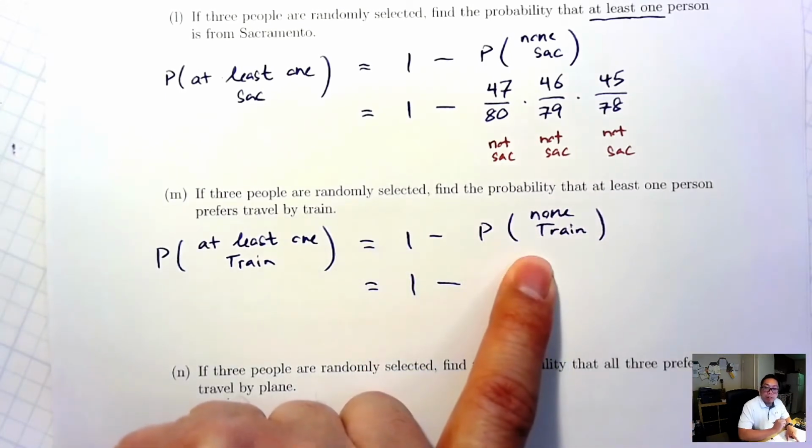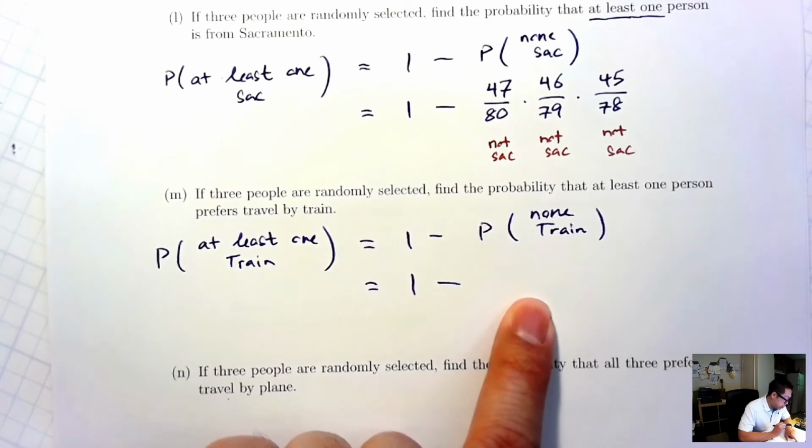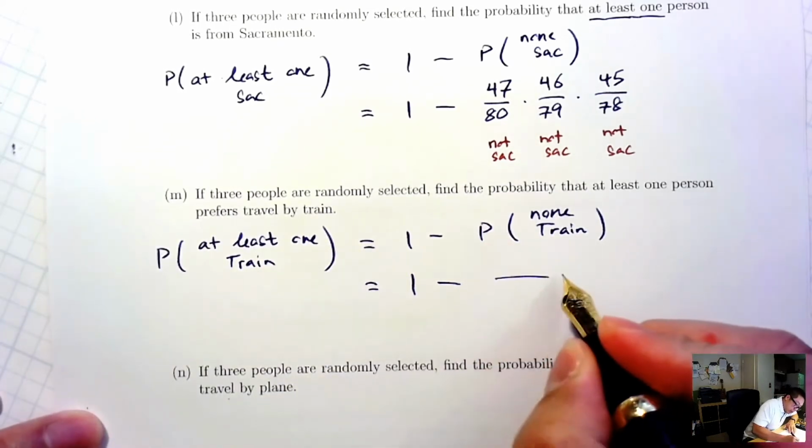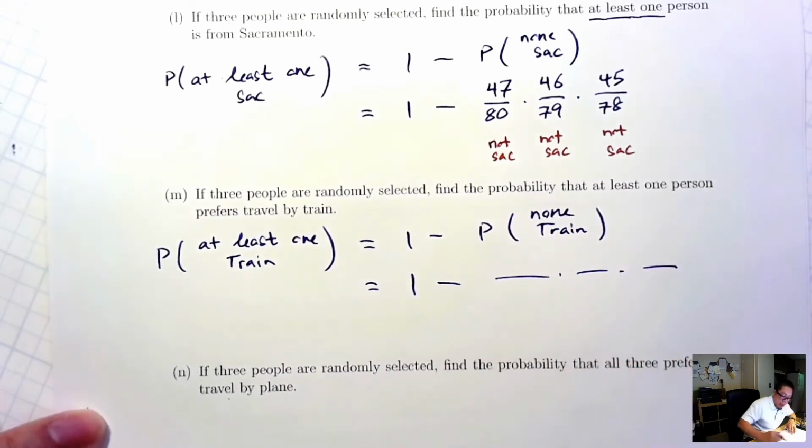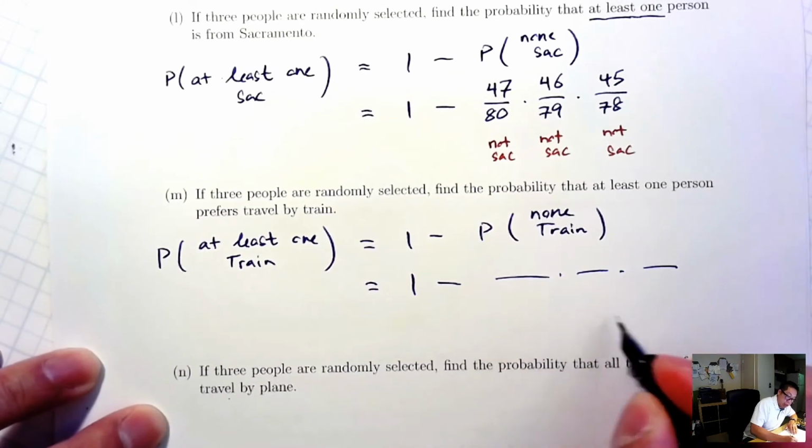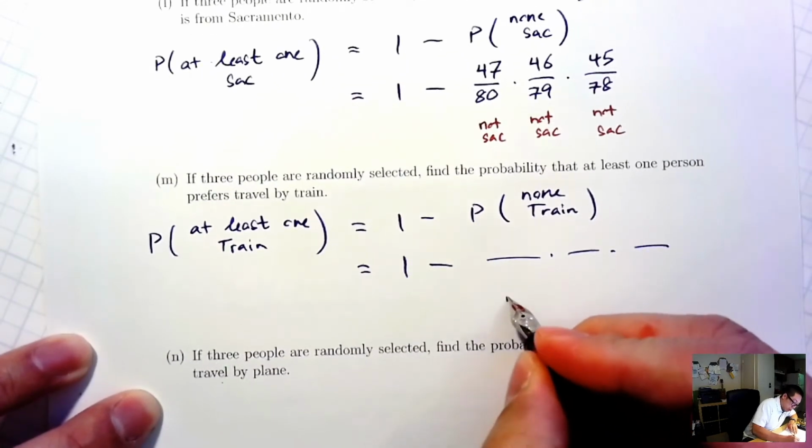And I have to calculate that probability. So how many fractions do I need here? We're talking about 3 people, so 3 fractions. Okay, and none train means I want not train, not train, not train. So I want all of them to be not train.